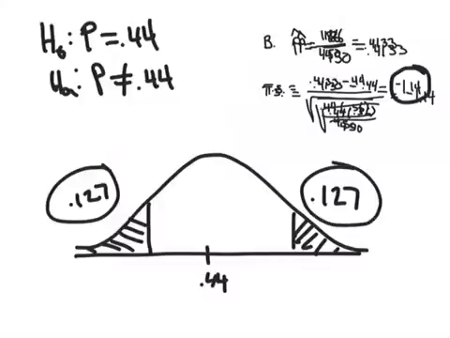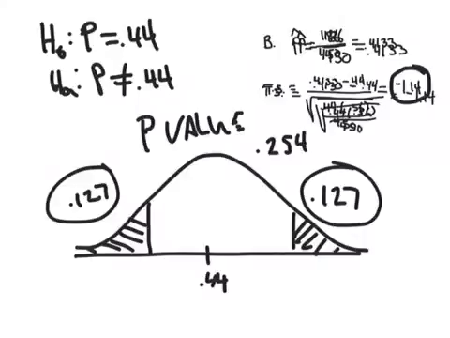We add those two together, and it turns out that you get a value of 0.254. So that is our p-value, 0.254. Okay. Now, that's a lot bigger than 0.05, which relates to the answer in question A, which was we have to fail to reject the null hypothesis.